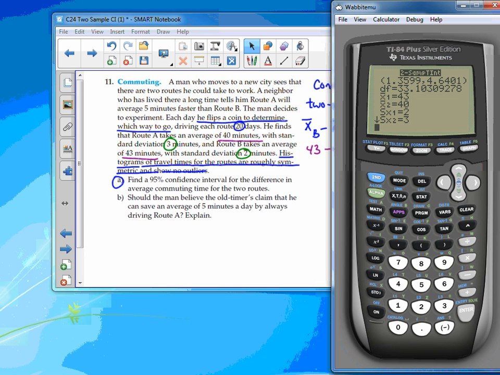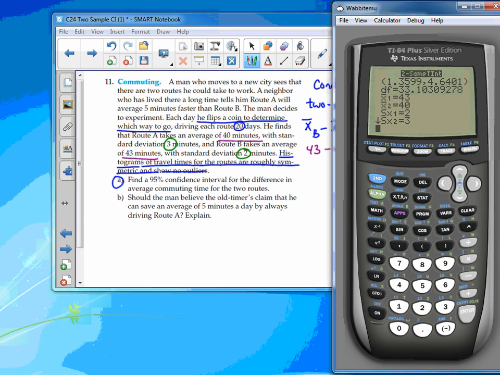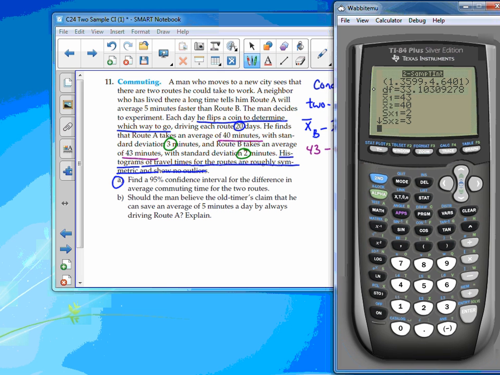Give it time to think. Then it gives you the interval right here. It tells you the degrees of freedom right underneath. Okay, that's their estimate using that big, long, crazy formula.